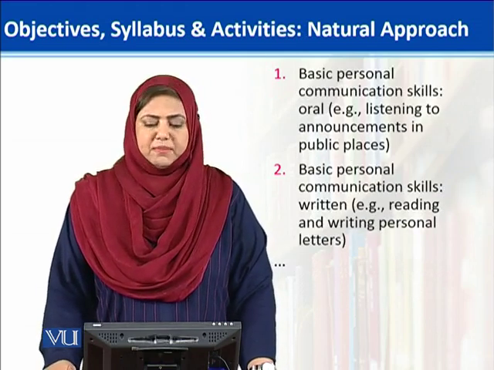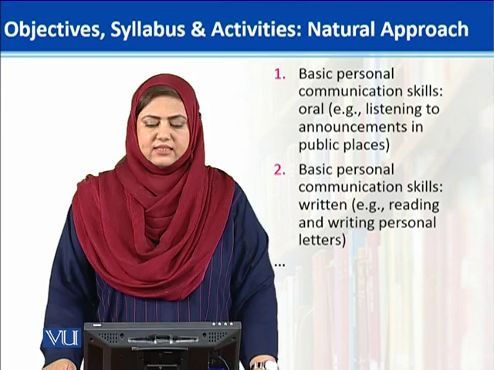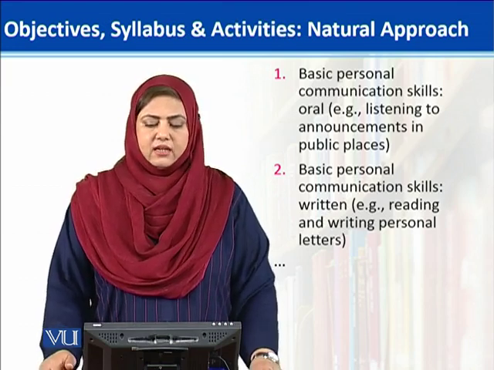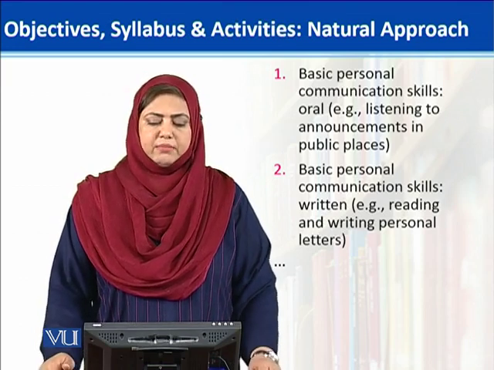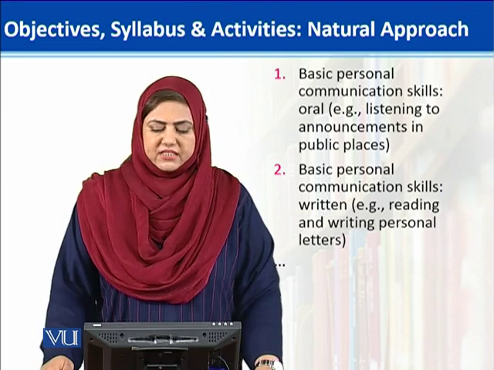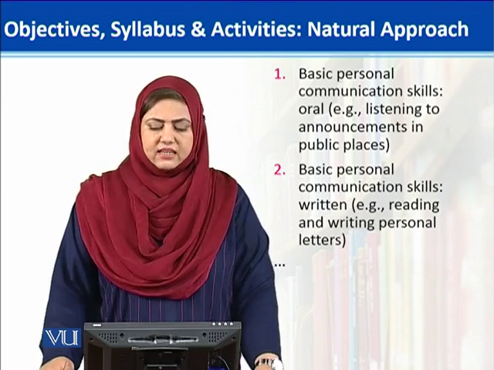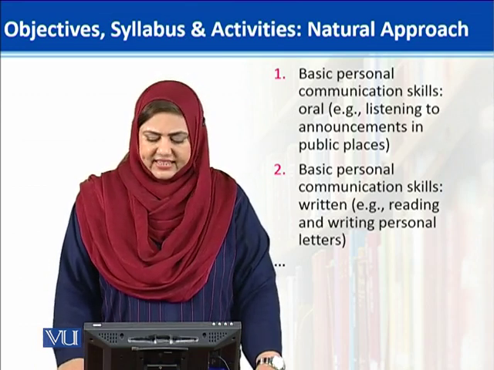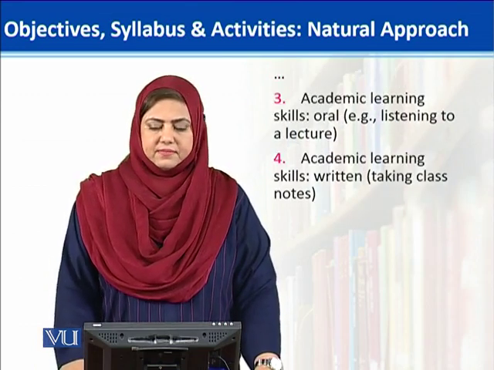The first one is basic personal communication skills, which means the oral skills and listening to announcements in public places as well. The second area is basic personal communication skills, that is the written skills, which would include both reading and writing personal letters.